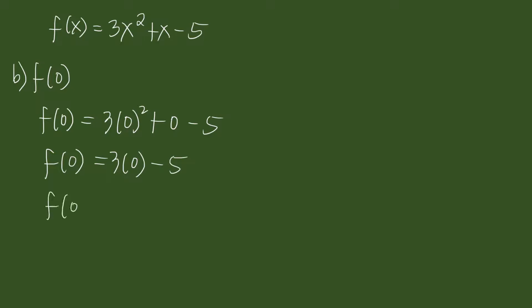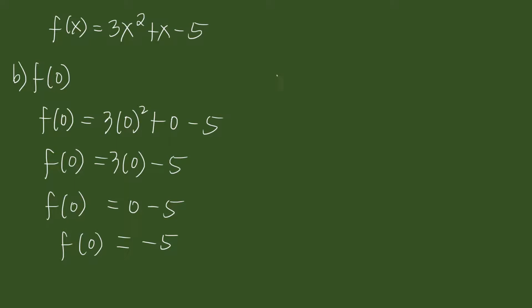So 3 times 0 equals 0, minus 5. Eventually we will have f of 0 equals negative 5. So for our value of x, which is 0, we have the value of y, which is negative 5. Okay, so I hope you still follow our discussion.